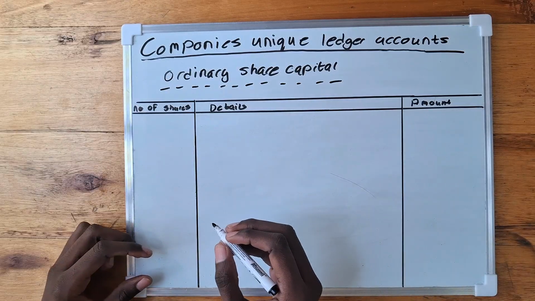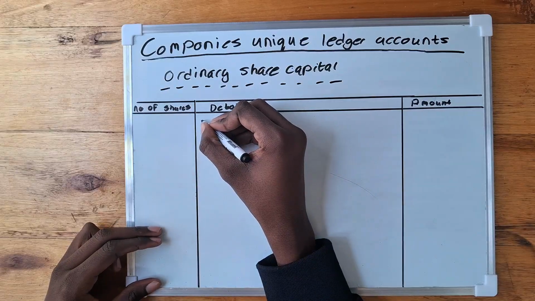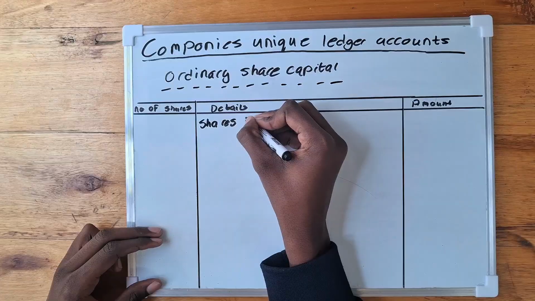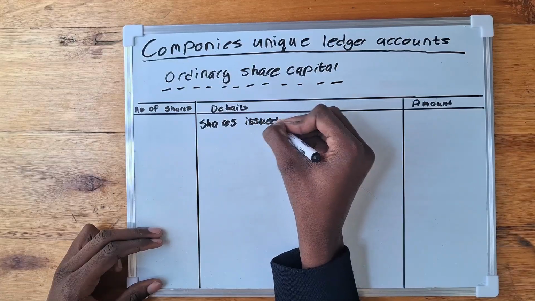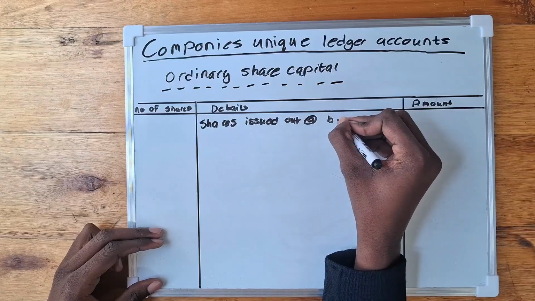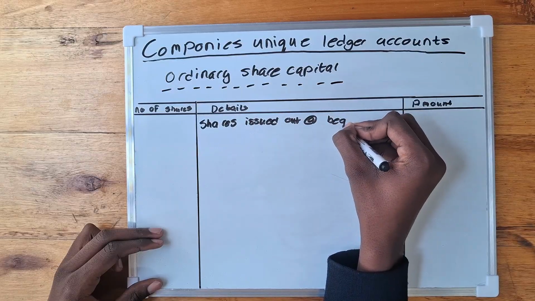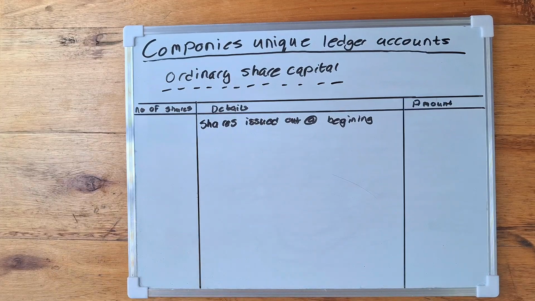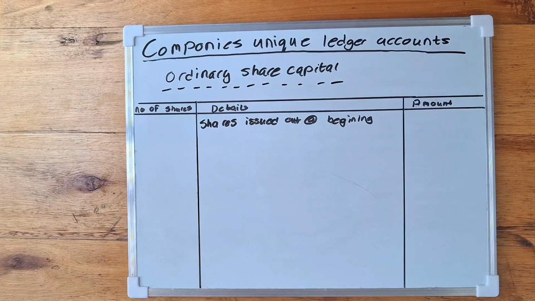So the first thing that you can expect is the shares issued out at the beginning. Basically, at the beginning of the period, the company is going to issue out a number of shares.